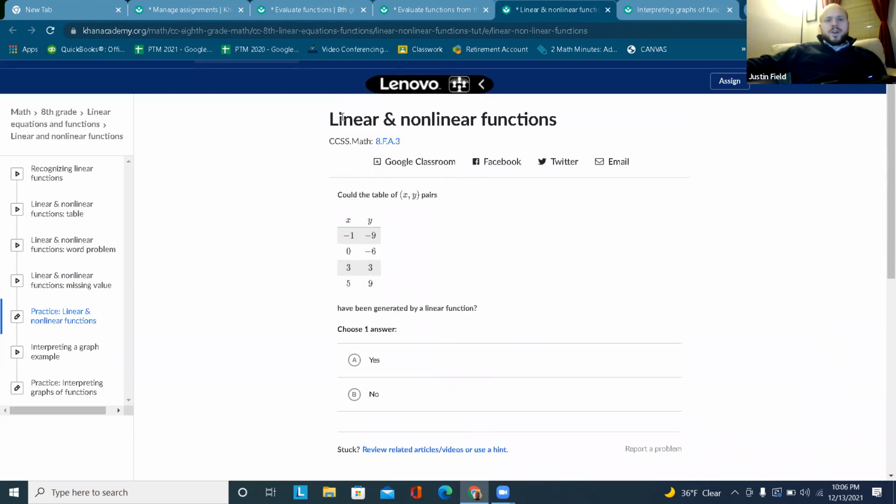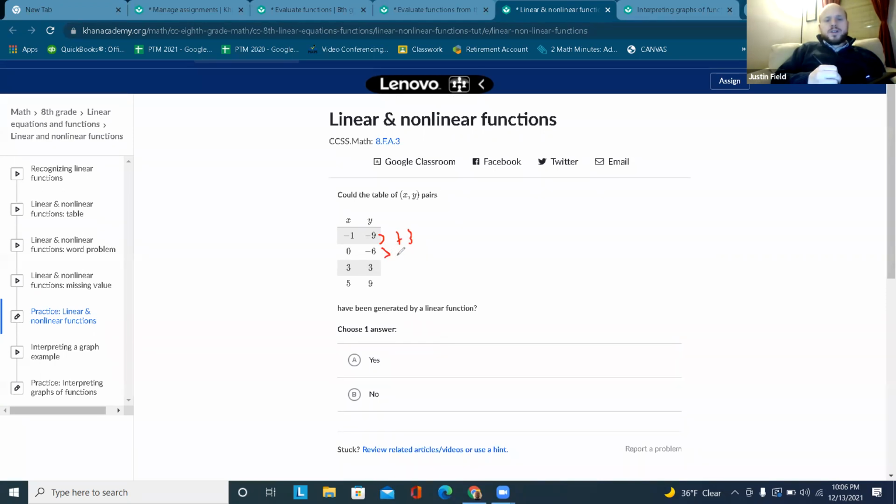All right, what are we going to do? Table, we're going to find the slope. So find the change between the y coordinates. We were looking for a common ratio. So we're changing by 1, 3, and 2, and 3, 6, and 6.